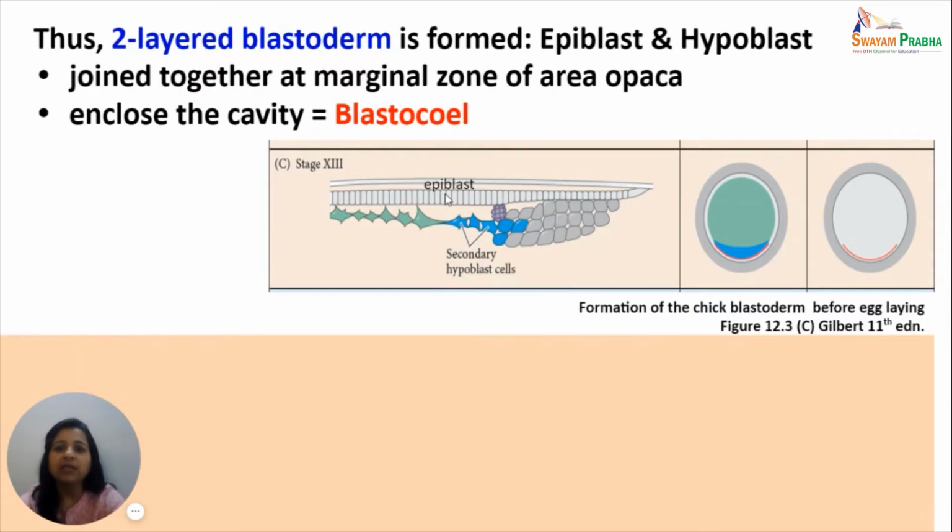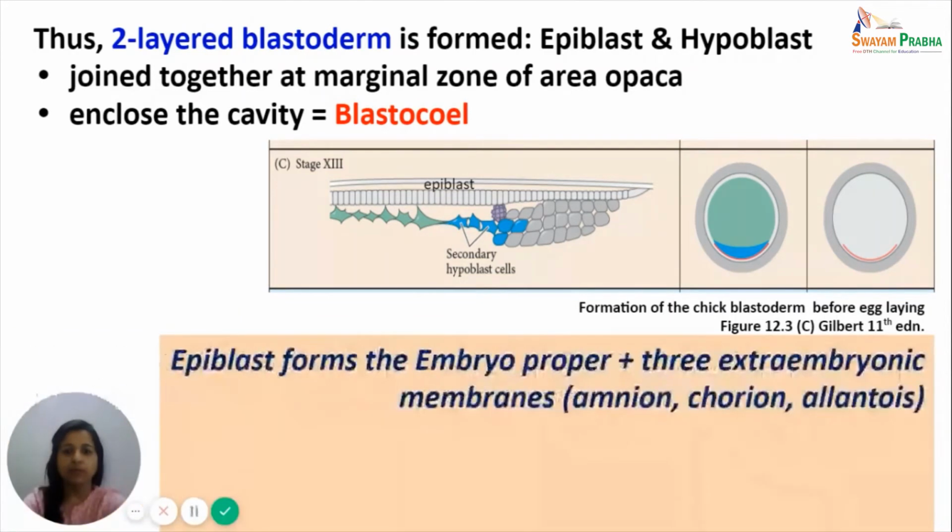The upper layer is called the epiblast while the lower layer is called the hypoblast. The epiblast and hypoblast join together at the marginal zone of area opaca and they enclose the cavity called blastocele.